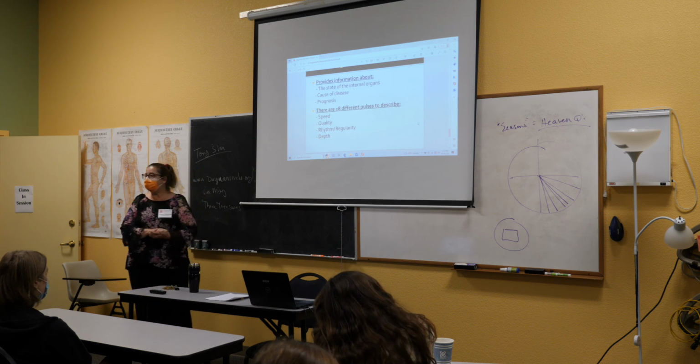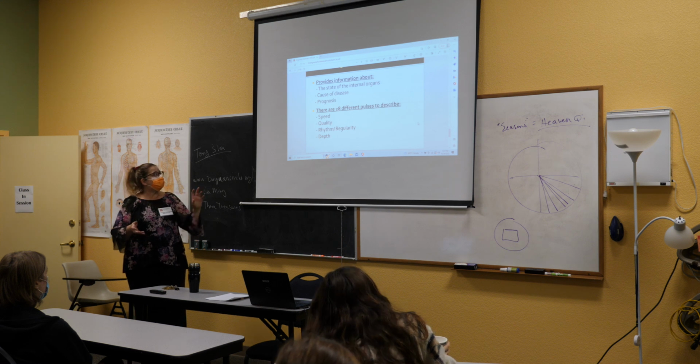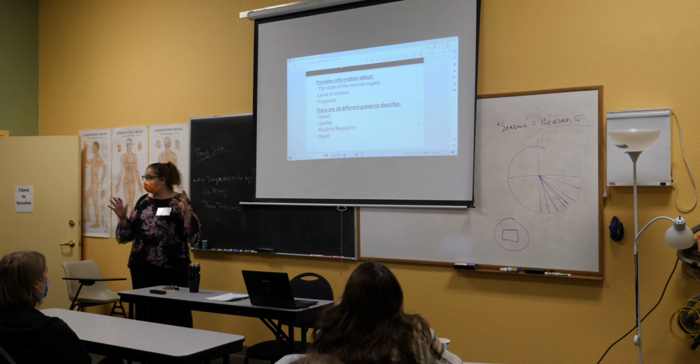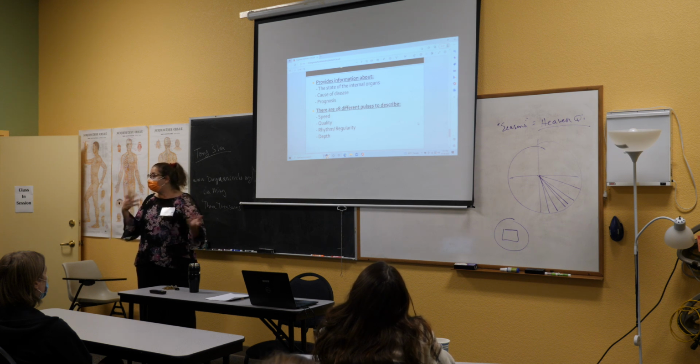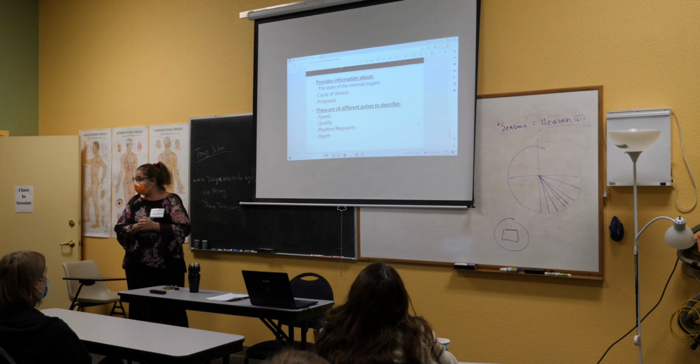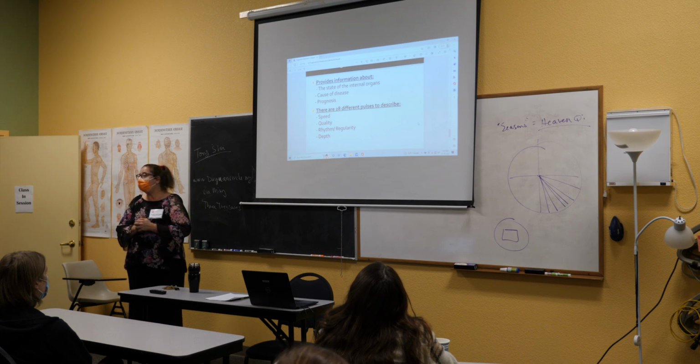It can tell me about the cause of disease because different types of pulses, there are about 28 different types of pulses, can tell you what is going on with the person, and it can tell you what you would expect.